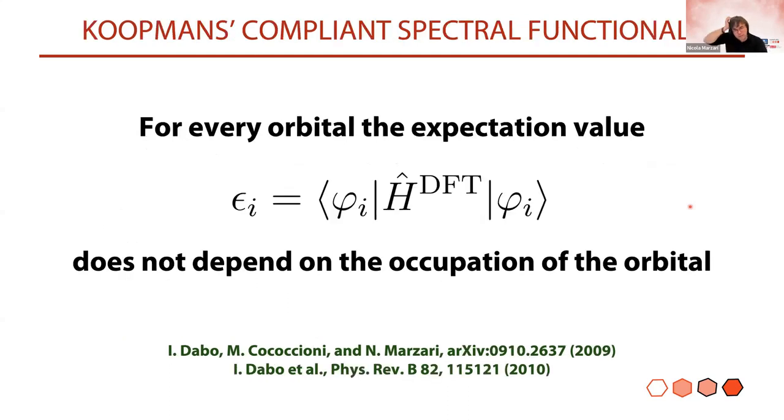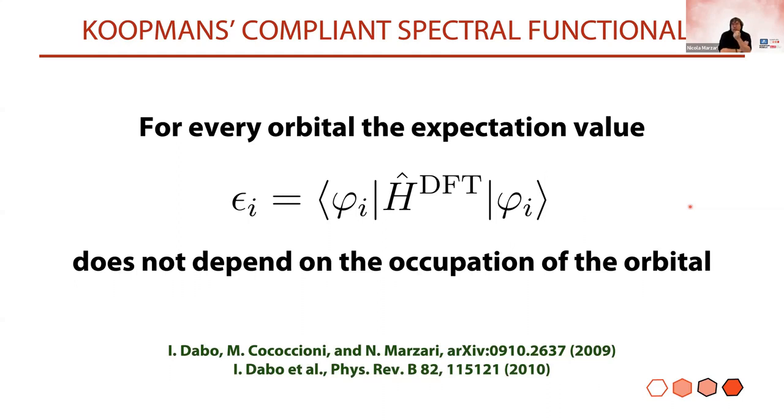How do we do that? Well, we started from this assumption again. We want piecewise linearity with respect to every electron that goes in or out of our subsystem or of our entire system. And this piecewise linearity of the energy translates, through Janak's theorem, into the expectation value of the Hamiltonian on the single particle orbital being a constant.